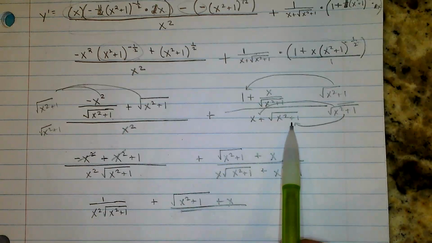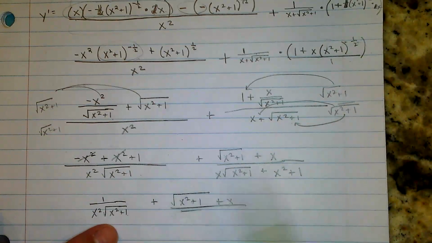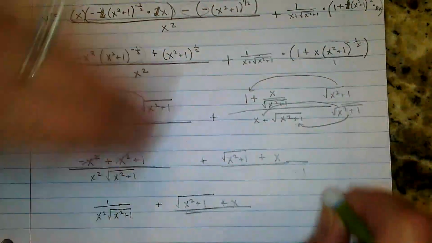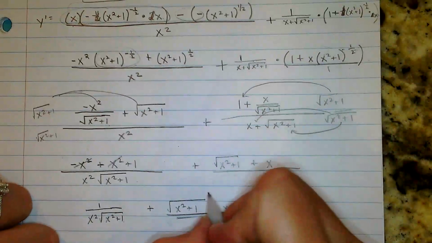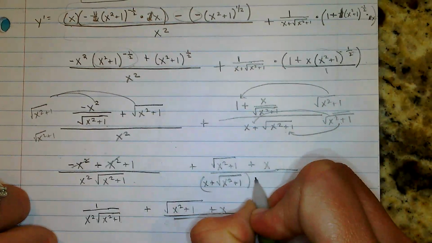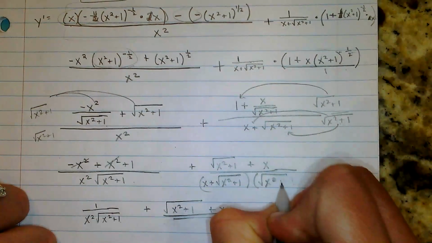I think I'm not going to distribute that, because if I don't distribute that, then I already have somewhat of a partial common denominator of x plus root x squared plus 1, and then root x squared plus 1.